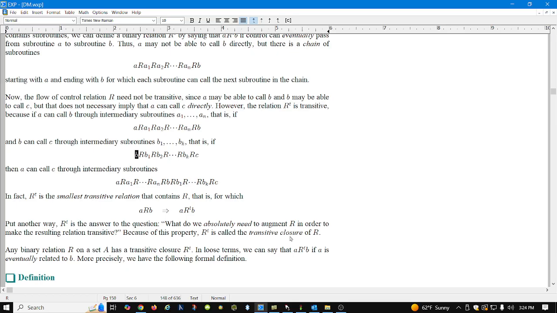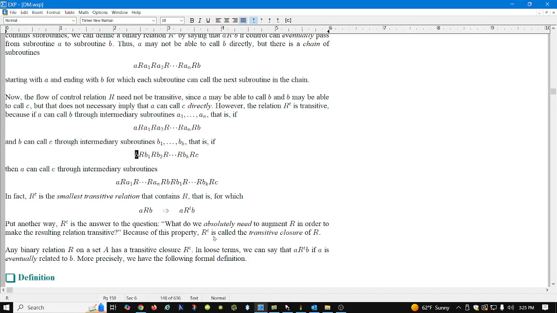And if you hearken back to, I guess, the previous video, when I first mentioned that you can take intersections, unions, and complements of relations, one of its main uses was to find the smallest or largest relation with a certain property. Here is a perfect example.